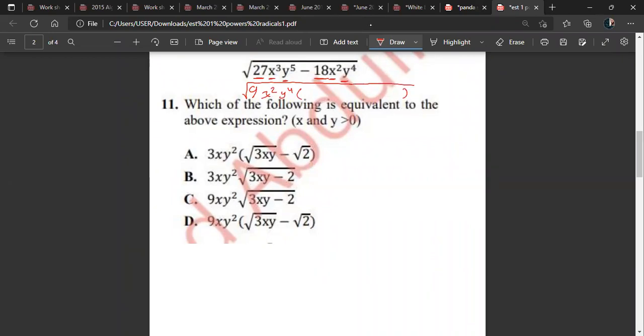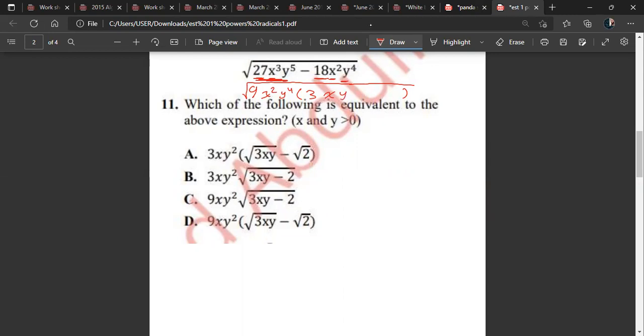If you divide this part, 27x cubed y power 5 over 9x squared y power 4: 27 divided by 9 equals 3. X cubed divided by x squared is x, only x power 1. Y power 5 divided by y power 4 gives you only y.